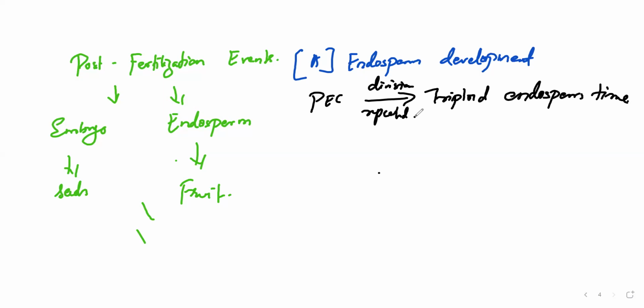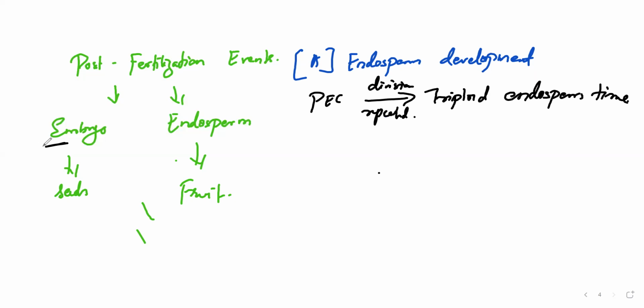Mainly, if I take an example of an apple, when you cut the apple, you can see the white color flesh-like thing, right? So that is nothing but the endosperm. Whereas inside, the seeds are a result of the embryo. In simple words, the PEC will divide repeatedly so that it can form a triploid endosperm tissue.